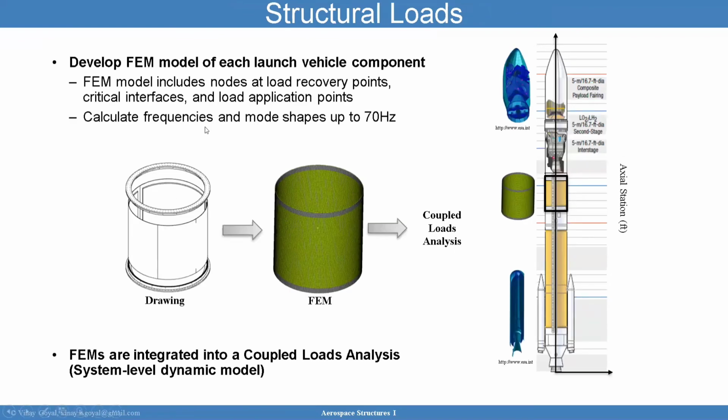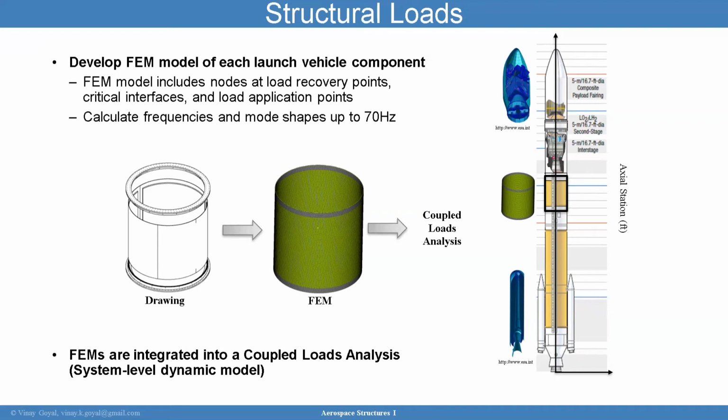So the first step is to develop a finite element model of each of the launch vehicle components. The launch vehicle component typically is going to be a fairly coarse model, and the coarse models are then attached together into a big model. In this model, you're going to calculate the frequencies and mode shapes up to 70 hertz.